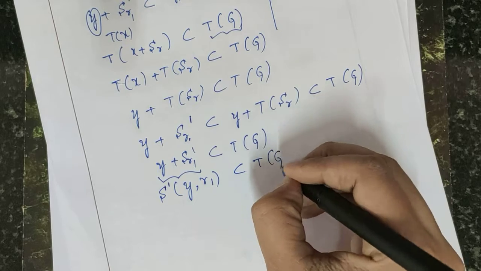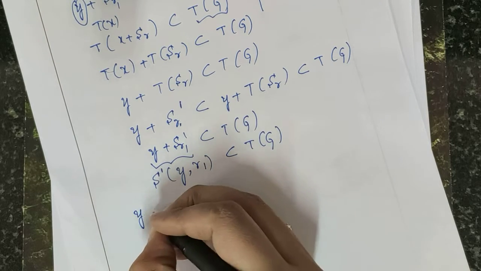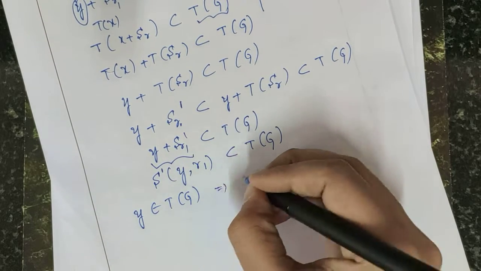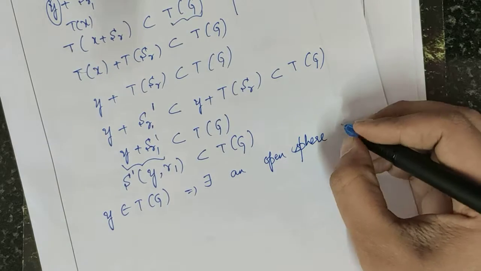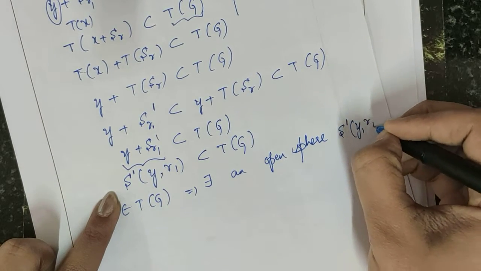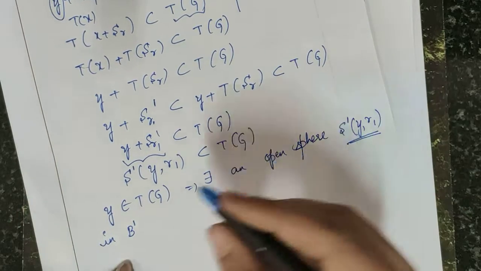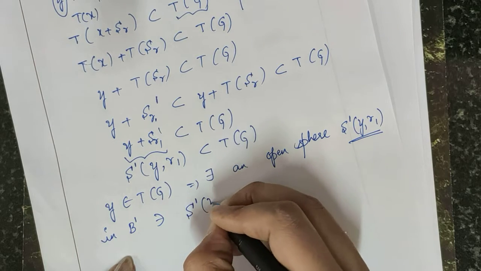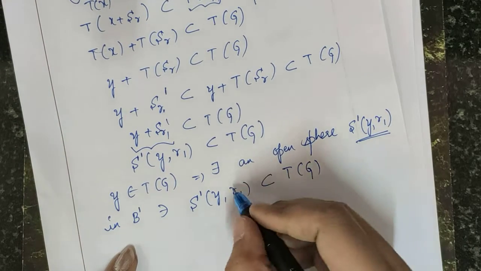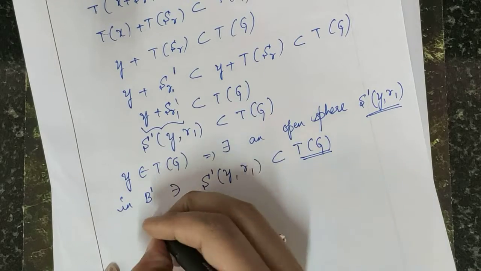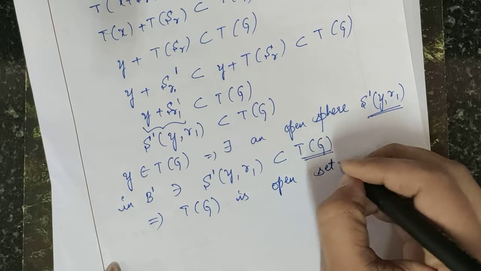This is a subset of T of G. So we have shown that for any y belonging to T of G, there exists an open sphere S prime of y comma R1 in B prime, such that S prime of y comma R1 is a subset of T of G. So an open sphere is a subset of T of G, which implies T of G is an open set.